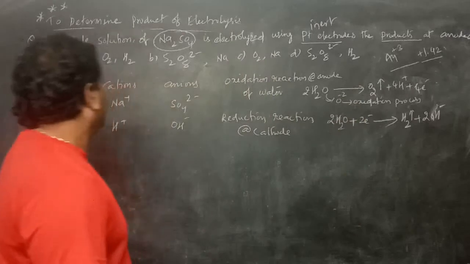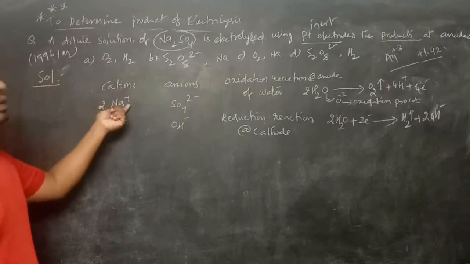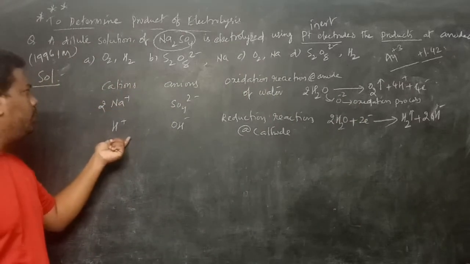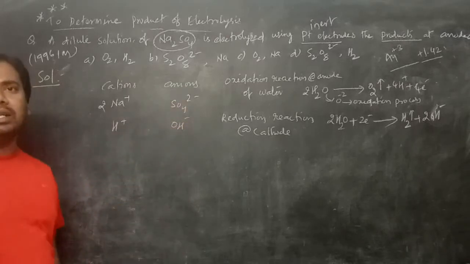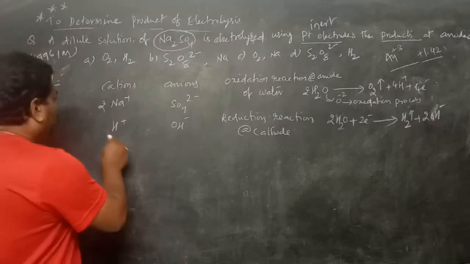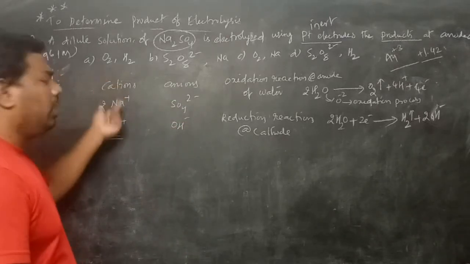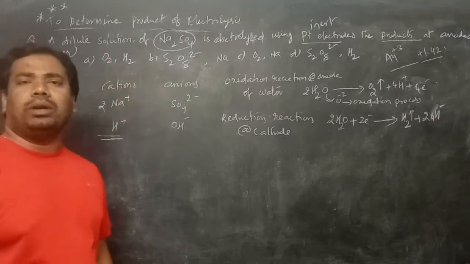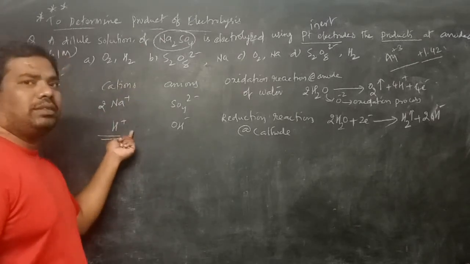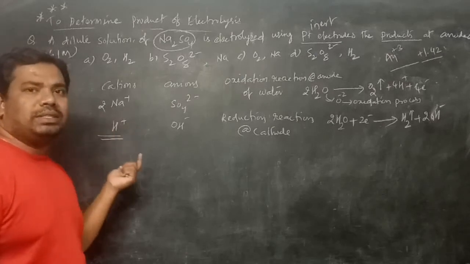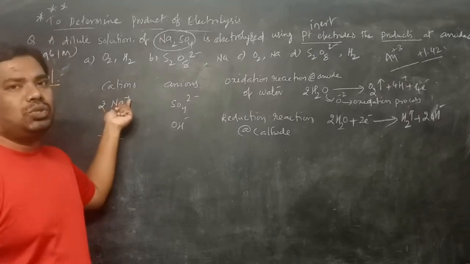So here you can see the cations Na plus and H plus. Here we have SO4 minus 2 and OH minus. We already know very well, we have seen the electrochemical series. The discharge potential of H plus is more than the sodium ion.